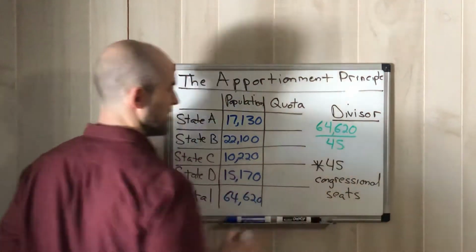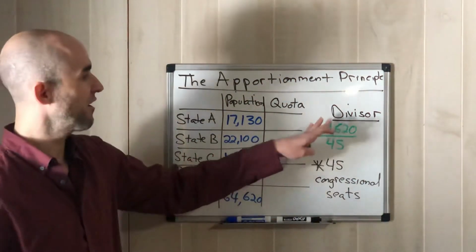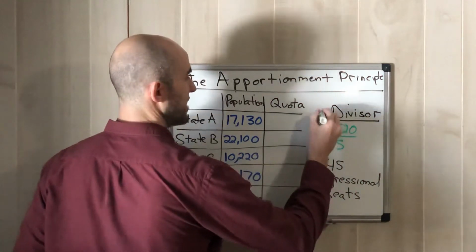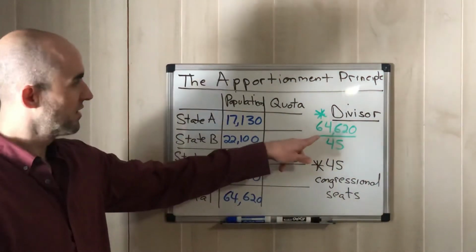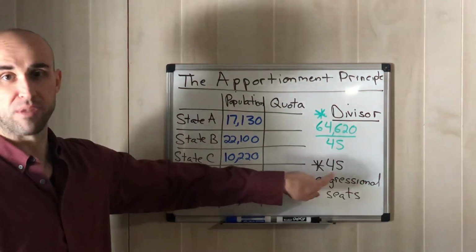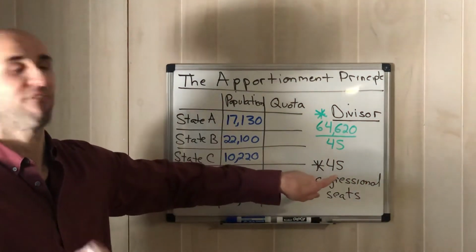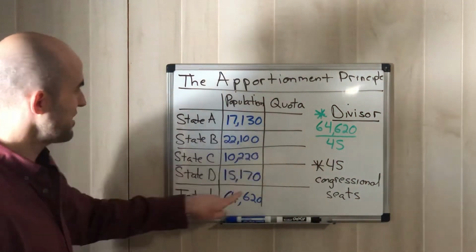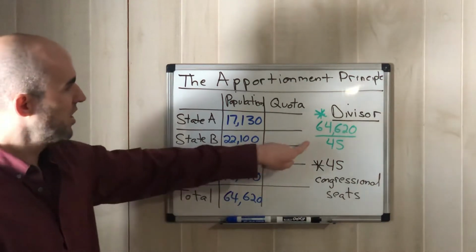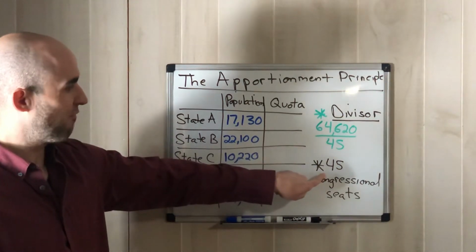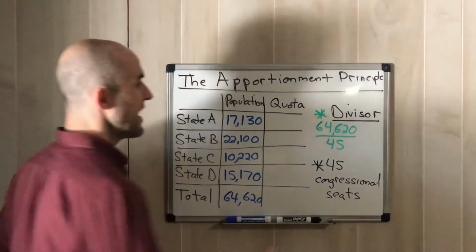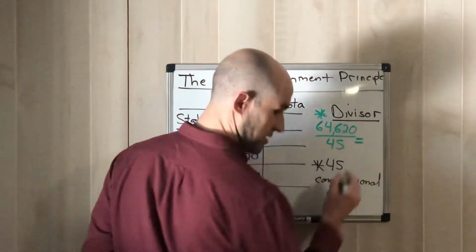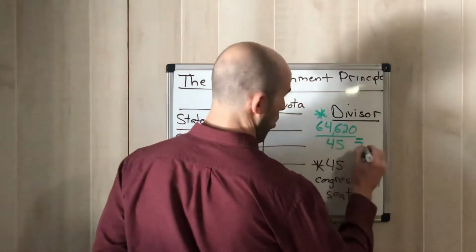The way you always figure out the divisor, you take the total and divide it by what we're splitting up evenly, splitting up fairly. In this case, we have 64,620 people. We're going to divide it amongst the 45 seats that are there.